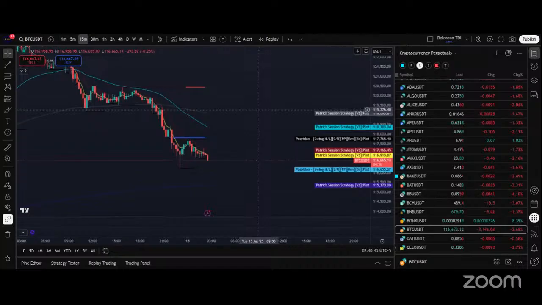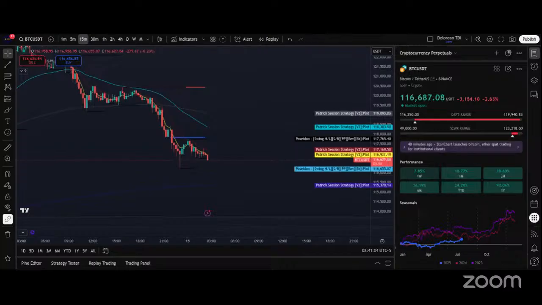Remember, this is falling from 123,000 and change. So a 7,000 point difference within the past 48 hours. This has been quite the roller coaster. From 123 to 18.